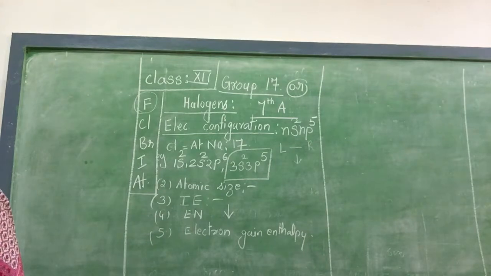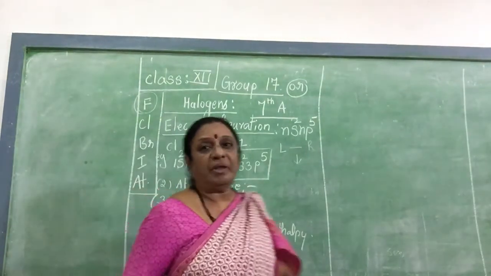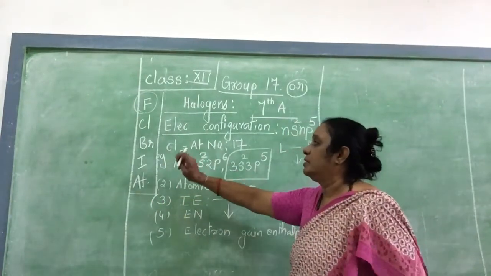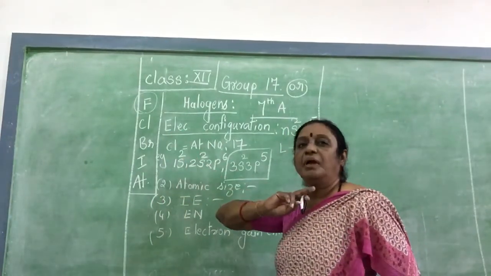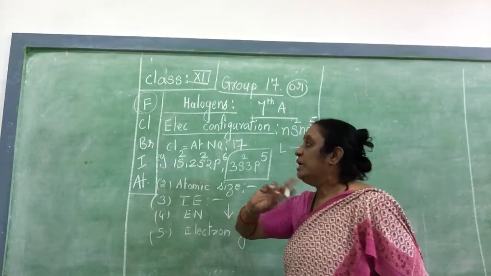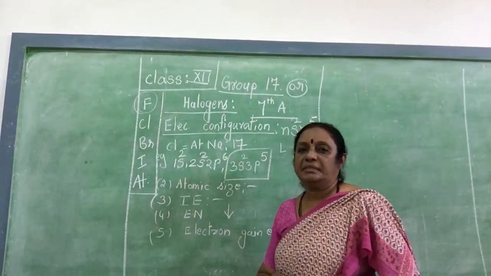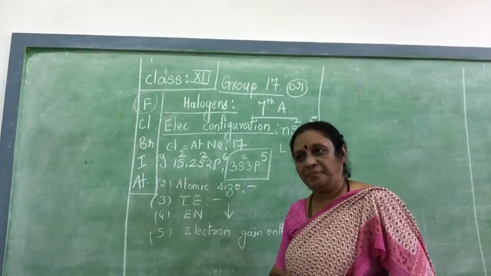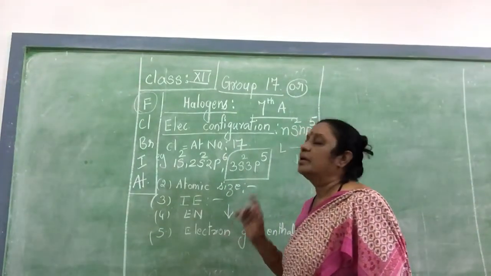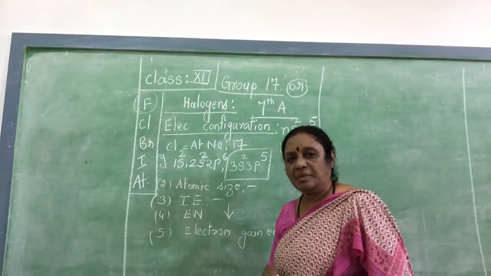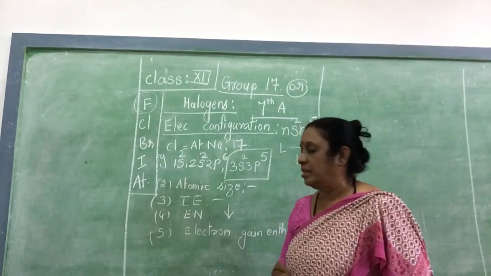The electron gain enthalpy of elements of this group becomes less negative down the group. However, the electron gain enthalpy of fluorine is lesser than that of chlorine, children, due to the small size of the fluorine atom. So among the halogens, chlorine has the maximum electron gain enthalpy.